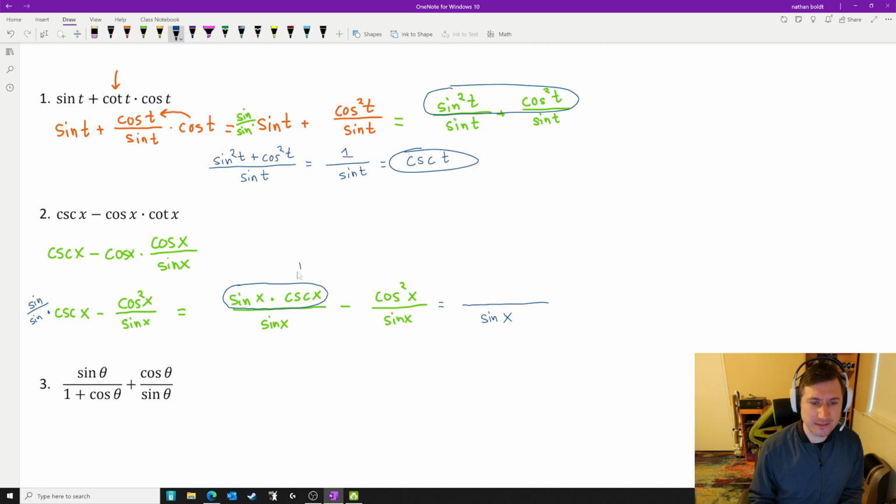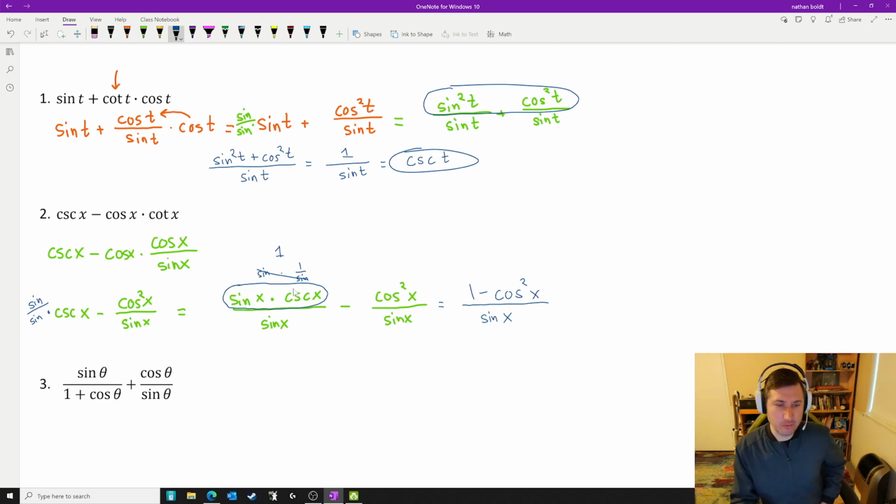Remember, cosecant is 1 over sine. So if I multiply it by a sine, those two cancel out. So this numerator is actually only 1. So that will be 1 minus cosine squared x on the top.